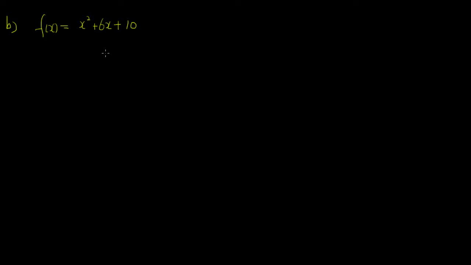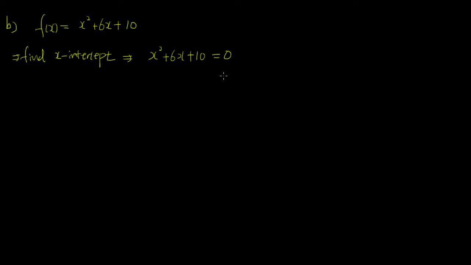Now, let's try to find the x-intercept. So we are going to let f of x equal 0, which is x squared plus 6x plus 10 equals 0, and we need to solve this.